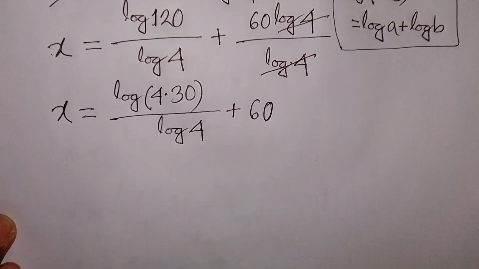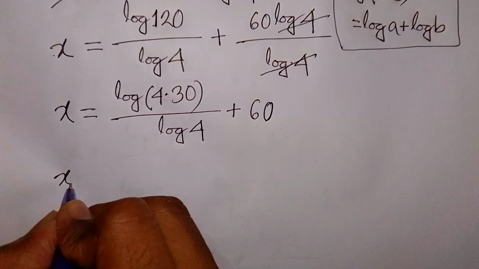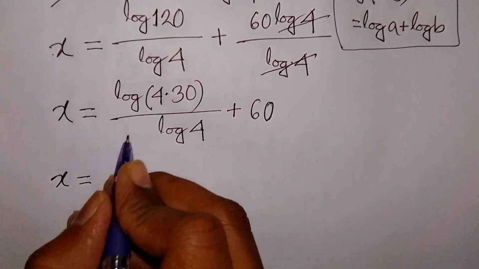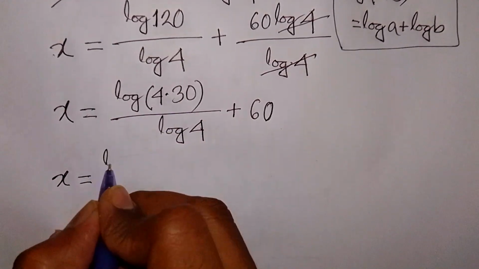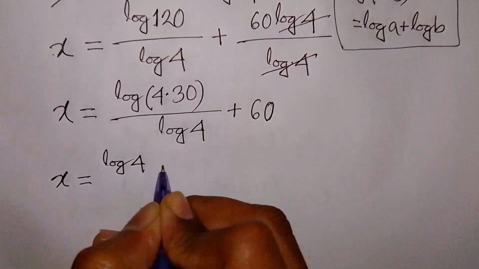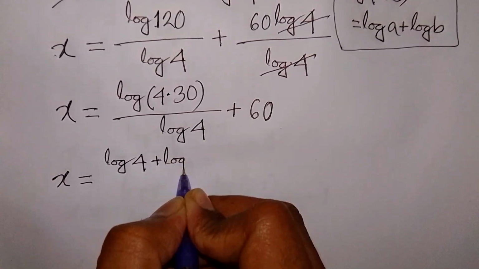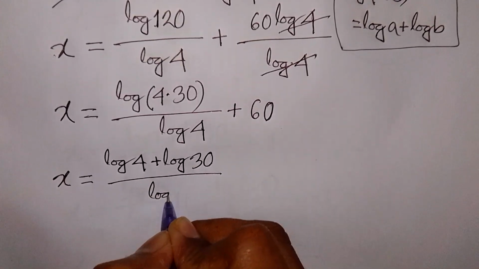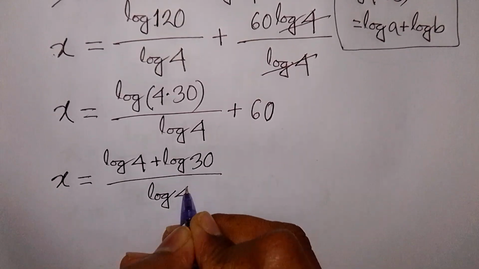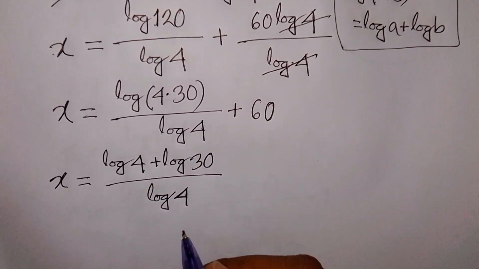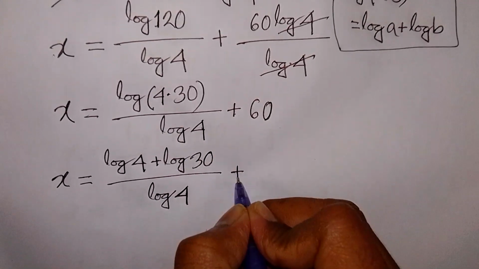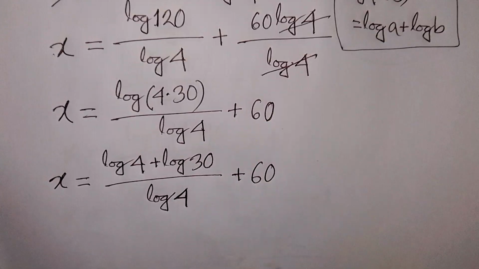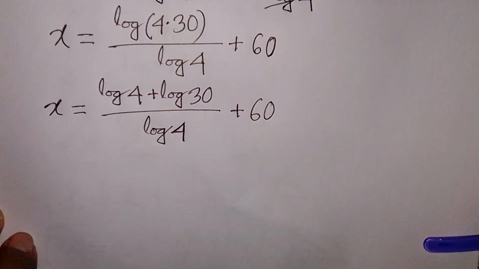In the next step, x is equal to log of 4 times 30, which is the same as log 4 plus log 30, over log 4, then plus 60.